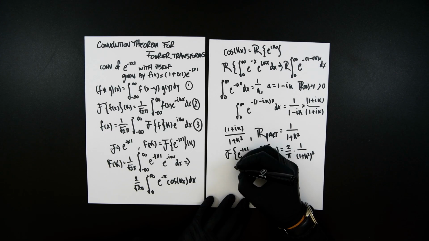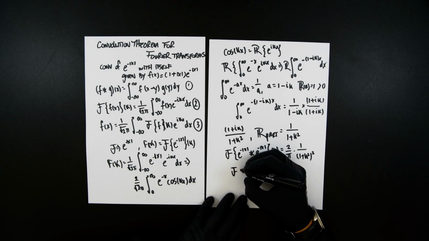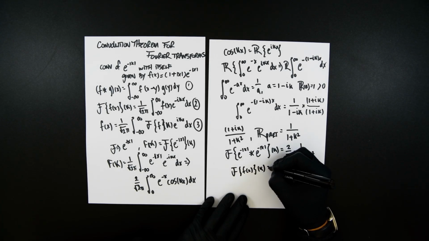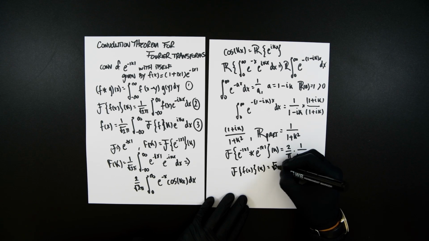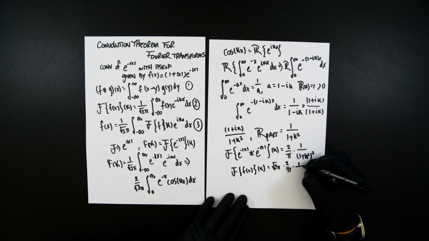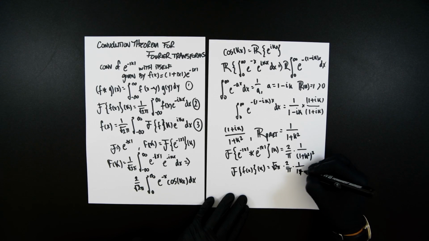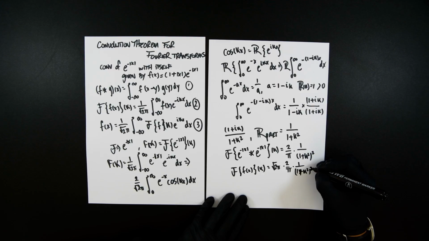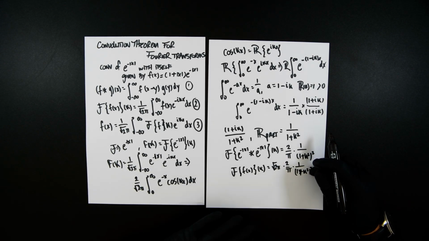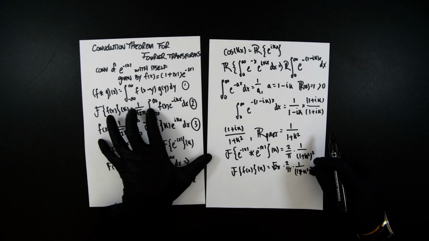So then the Fourier transform of f(x) at k is going to be the root of 2 pi times 2 over pi times 1 over (1 plus k squared) all squared. To get back in terms of f(x), we're going to use this.